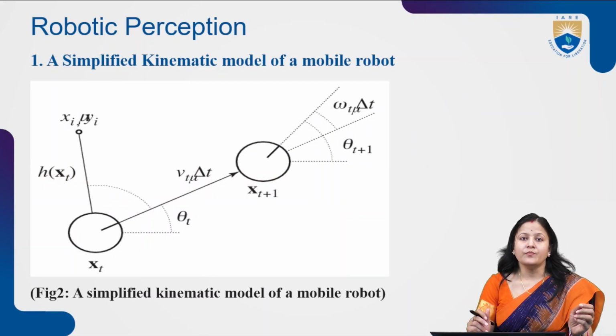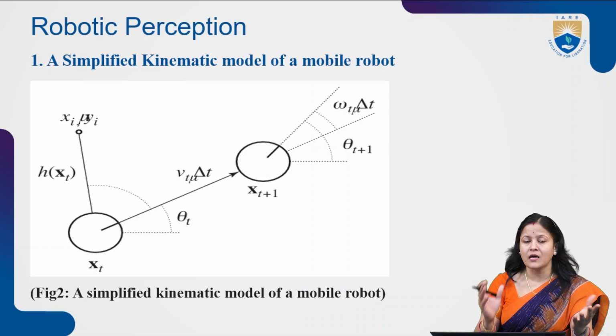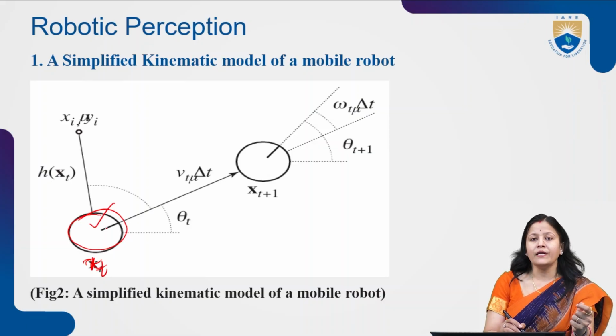Now this is one model way for this localization technique: a simplified kinematic model of a mobile robot, showing how the robot moves from one place to another after sensing the information. Initially the robot is present at this place, represented as x of t. So at time t, the robot is present. Now the robot can move in the x direction, and in the y direction also.